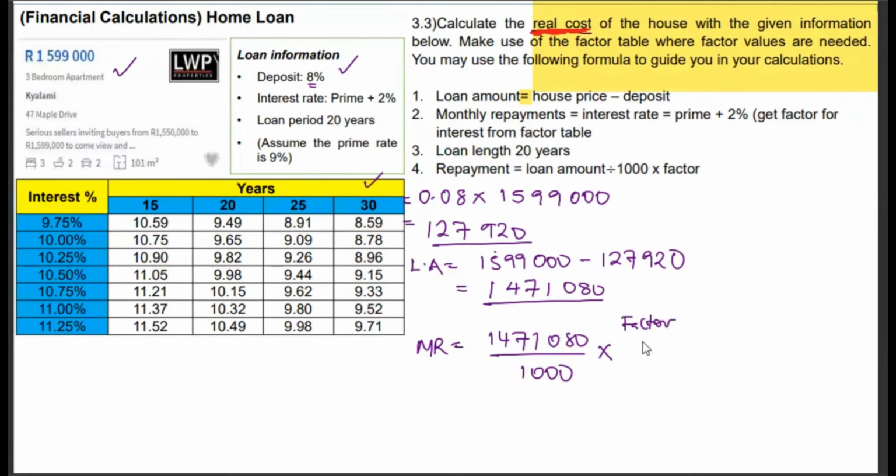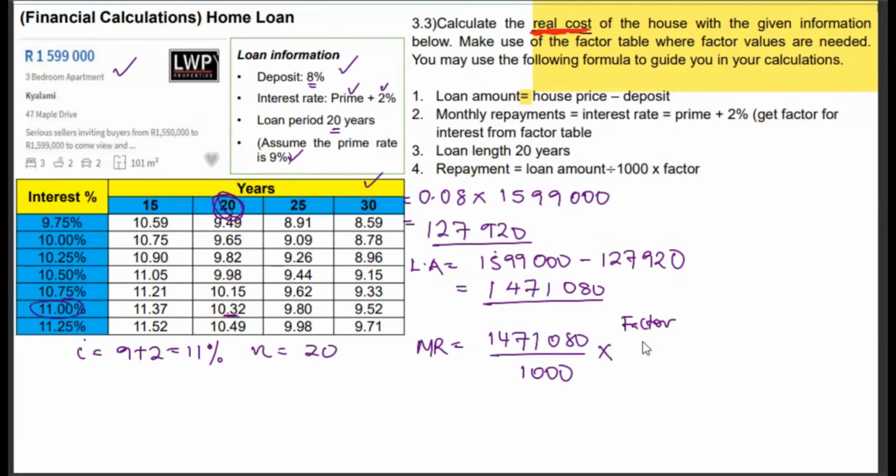Remember, the interest rate is going to be prime plus 2%. And our prime, they're saying let it be 9. So the interest rate is 9 plus 2, which is 11%. The number of years is 20 years. So 20 years here, and 11%.